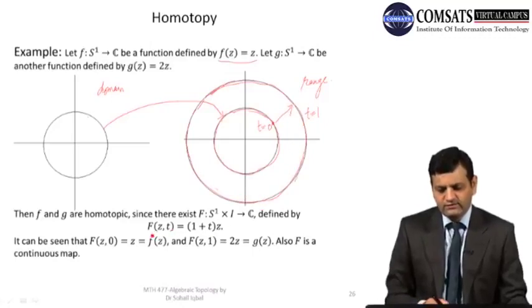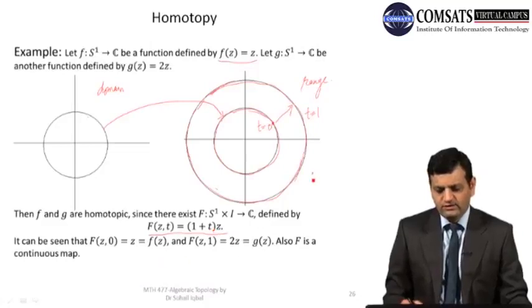So define F of (z, t) is equal to (1 + t)z. In this case, when t is equal to 0, what is F of (z, 0)? This is z, which is equal to f of z, the inner circle or circle of unit radius. What is F of (z, 1) at time t equal to 1?